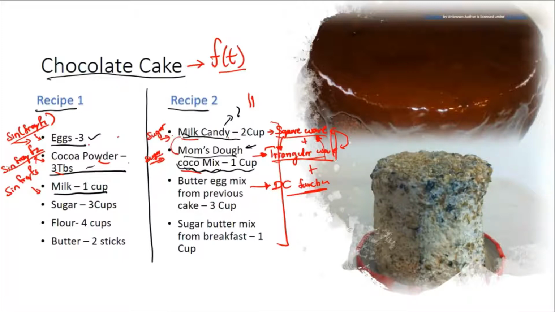But sine waves, on the other hand, are like distinct ingredients. One has no relationship to the other, like eggs, cocoa powder, milk, sugar, none of them have any relationship to the previous one. So basically, Fourier series is the recipe to make f of t.